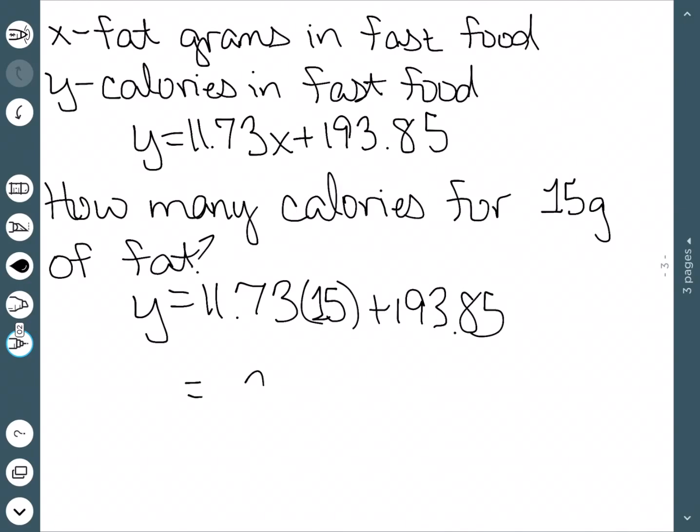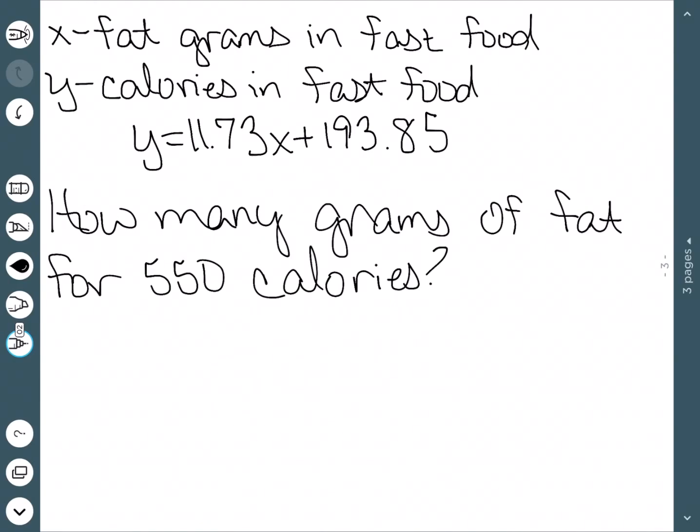And once we simplify this, we get 369.8. So we know that if we have some fast food with 15 grams of fat, there are approximately 369.8 calories. And this is not going to be exact because our scatter plot does not have points that lie perfectly on a straight line, but it can give you a fairly good approximation.